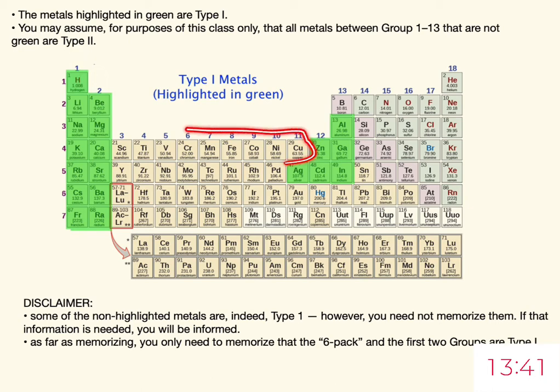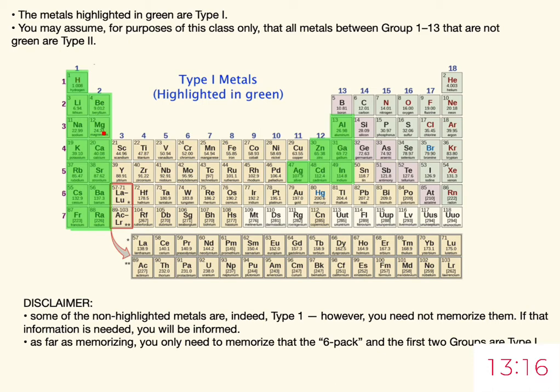All the other metals you can assume are type 2, unless told otherwise. No, that's not true. Some of them are type 2 and some of them are type 1. But to keep it simple, you owe me the fact that these 6 and those 2 rows are type 1, and you're allowed on an exam to assume if they're not type 1, they are type 2, unless told otherwise. So that keeps your memory down.